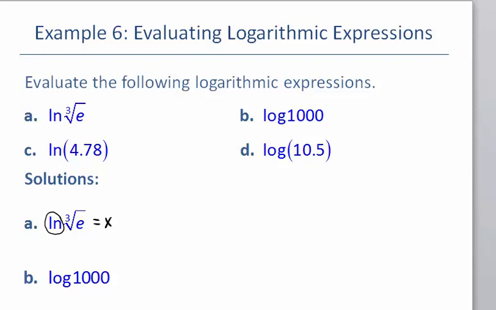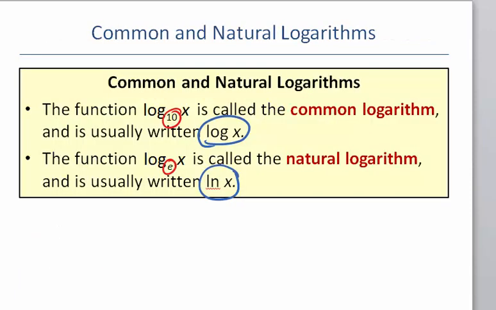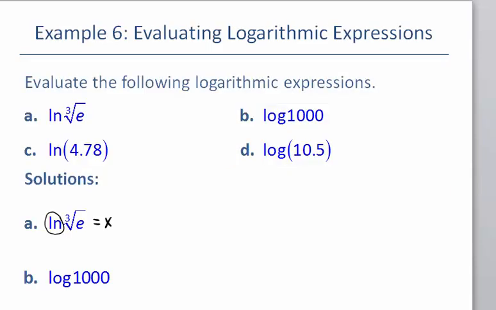We are going to remind ourselves that an ln is really a log base e. So I am going to rewrite this as log base e, that's the ln, and then I'm going to do my cubed root of e is equal to x.